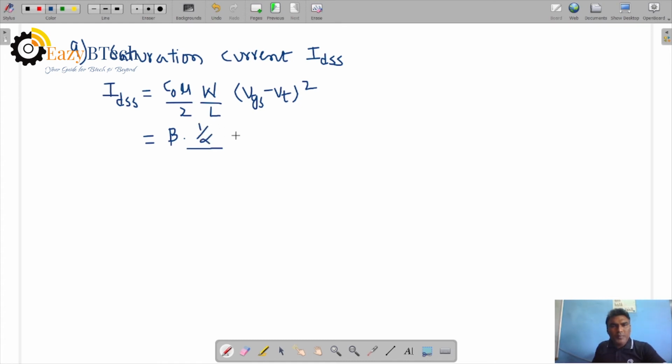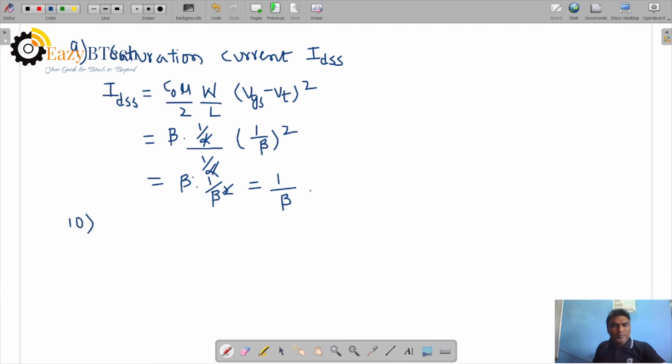The length of the polysilicon is also scaled by 1 by alpha. VGS minus VT is scaled by 1 by beta, so 1 by beta whole square. So alpha will be cancelled out now. Beta into 1 by beta square, and beta will be cancelled out partially. So the saturation current IDSS is scaled by 1 by beta, right?